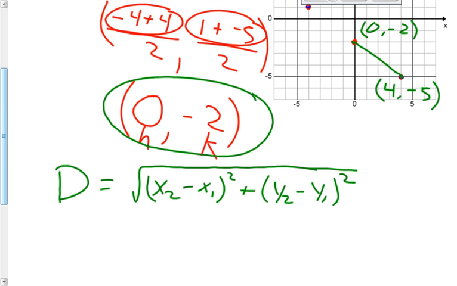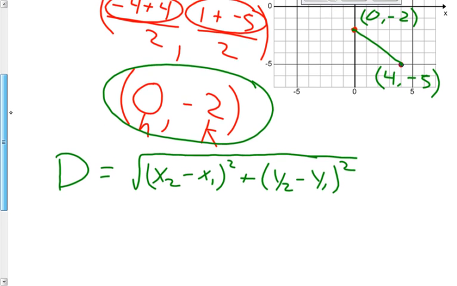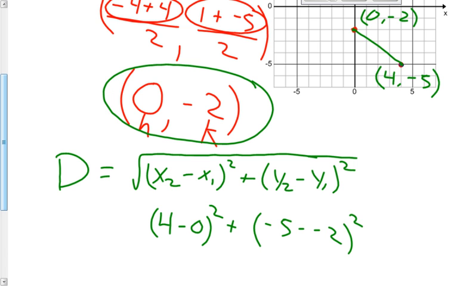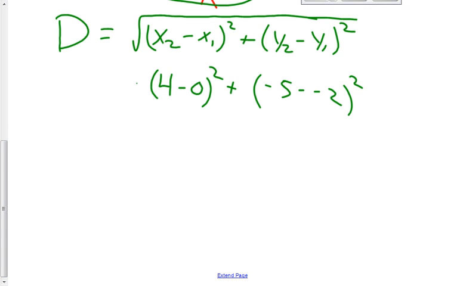Let's find the distance between those 2 points. Subtract the x's and square them. So we have 4 minus 0, that quantity squared, plus, subtract the y's, a -5 minus a -2, that quantity squared.